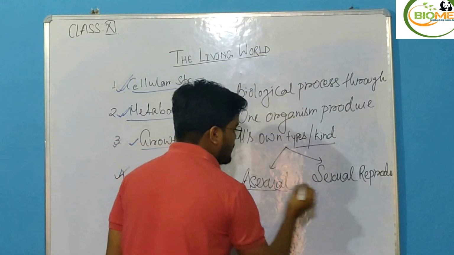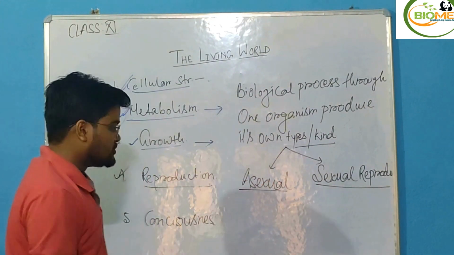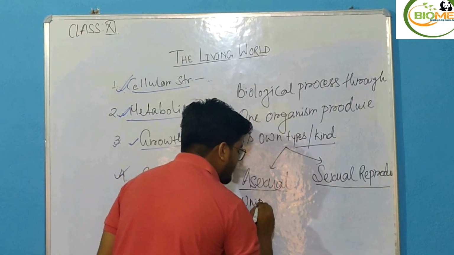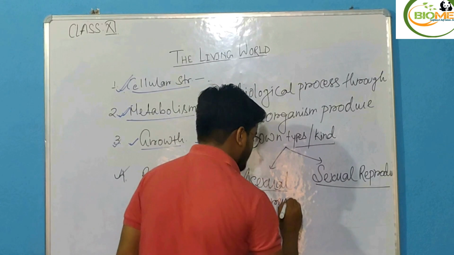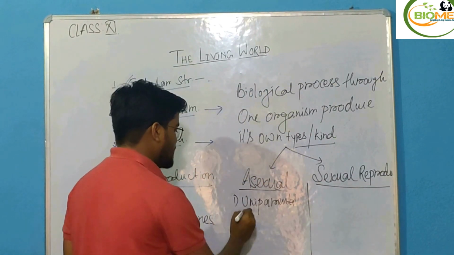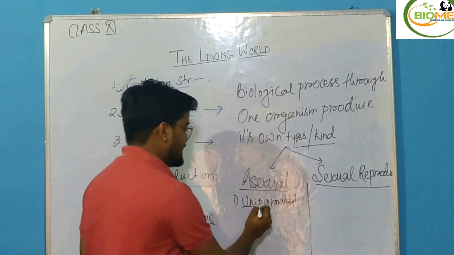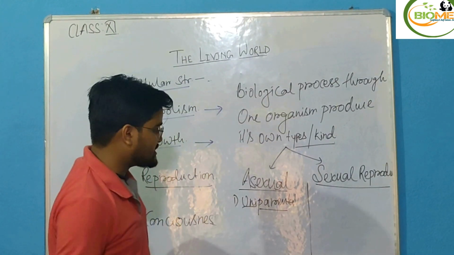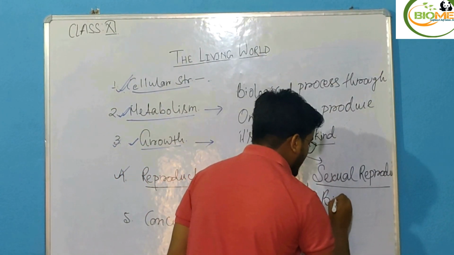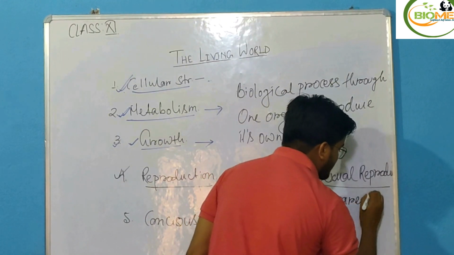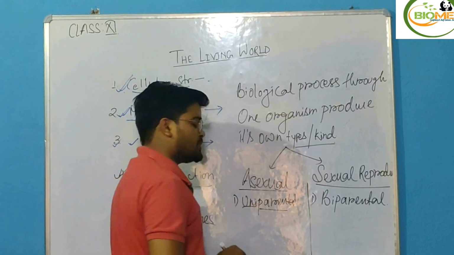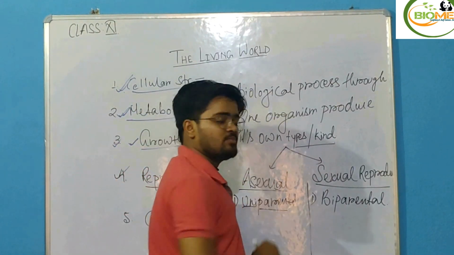In asexual reproduction it is uniparental. Why? Uni means one, so only one single parent is required, but sexual reproduction is biparental. Got it? So asexual reproduction is uniparental and sexual reproduction is biparental.